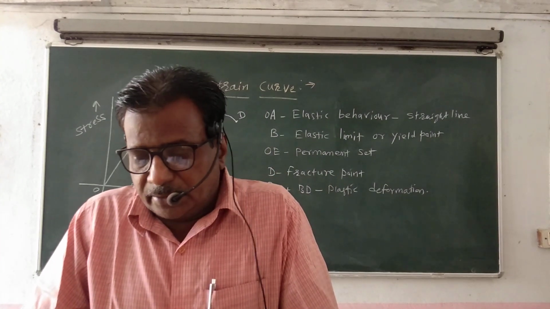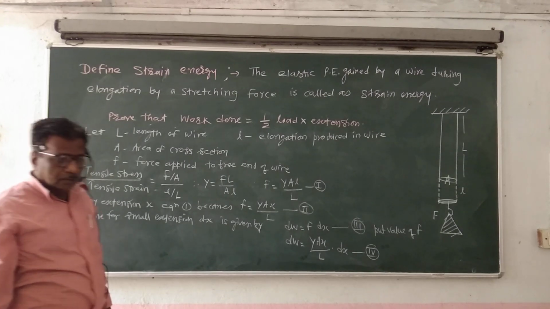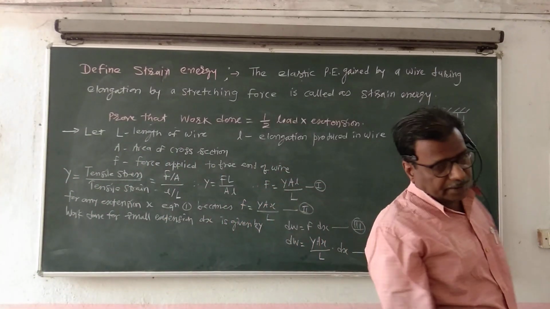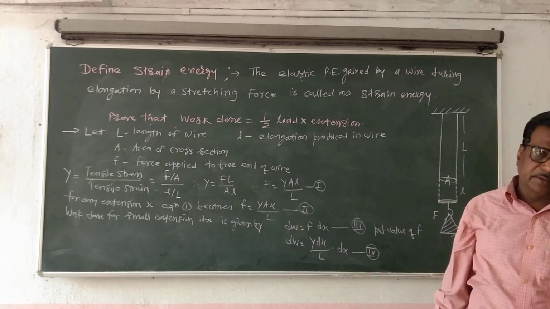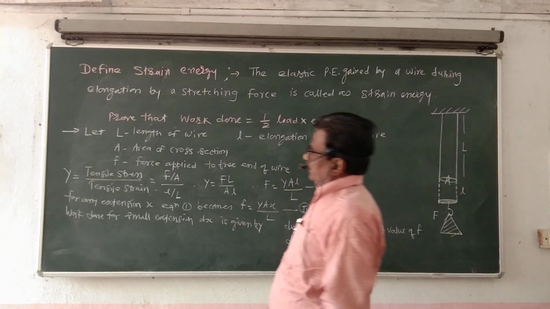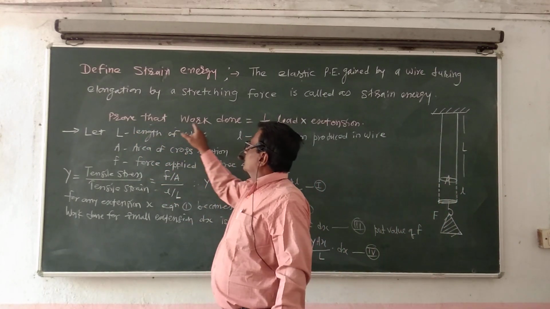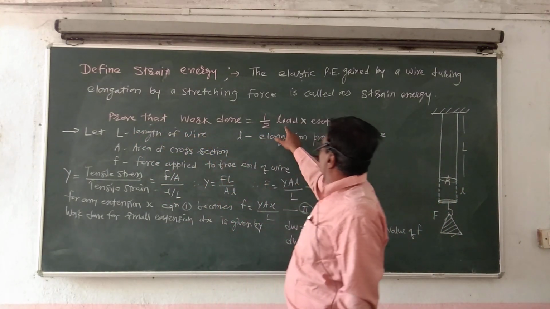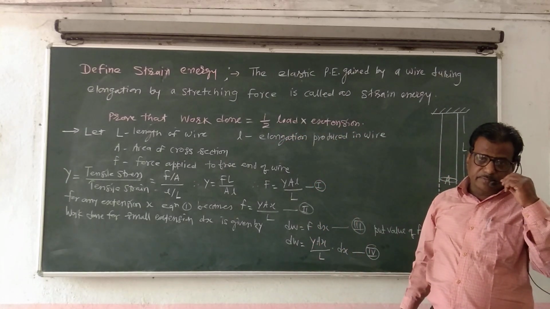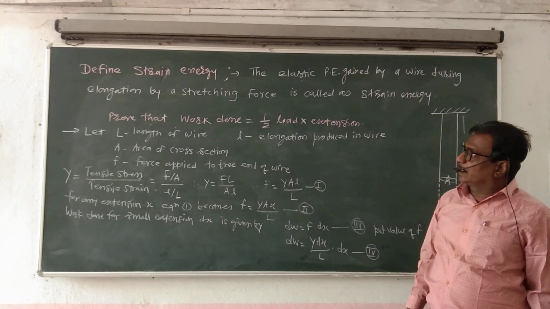So after that, our next article is the definition of strain energy. A question may be asked: define strain energy and prove that work done is equal to half load into extension. First we study what is meant by strain energy.